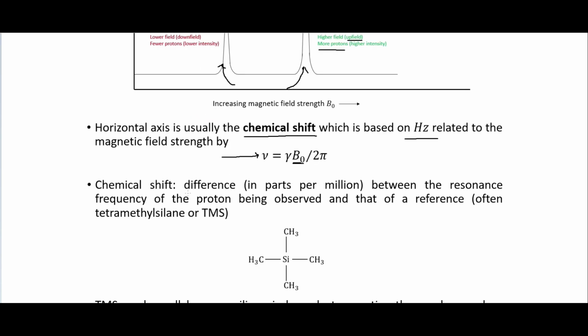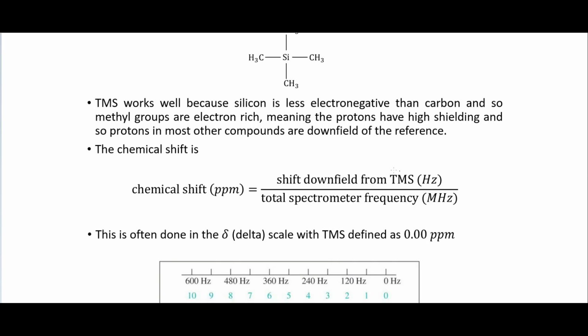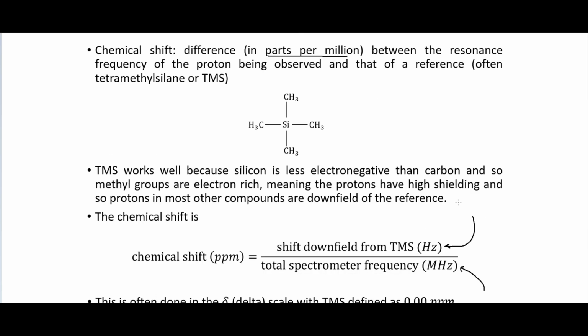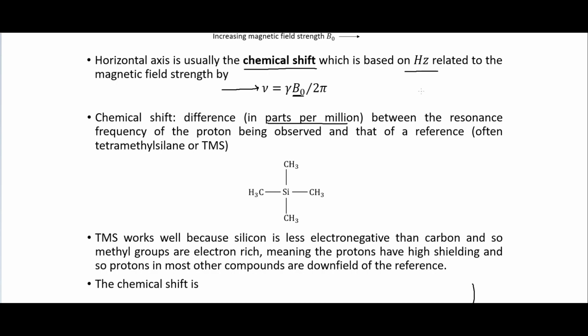So the chemical shift is the difference in parts per million, and as we'll see down here, it is parts per million because we are comparing hertz to megahertz, where a megahertz is a million hertz. So we're looking at parts per million between the resonance frequency of the proton being observed and that of a reference. The reference is often tetramethylsilane right here.